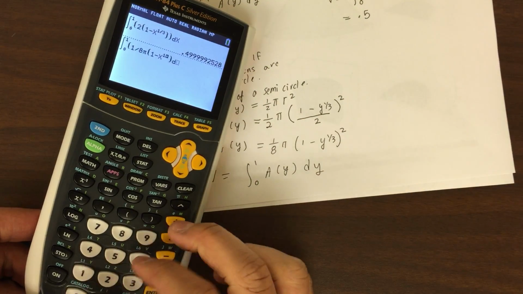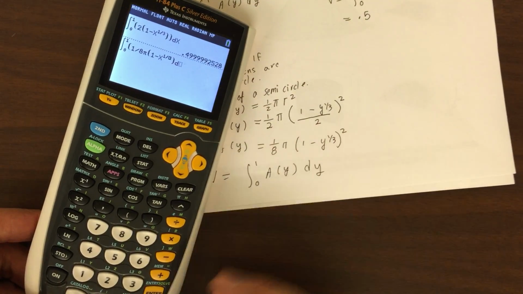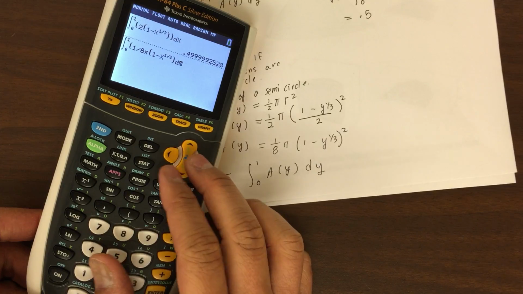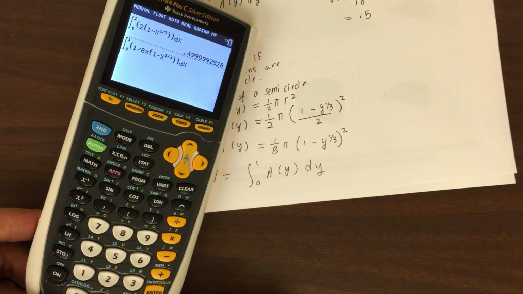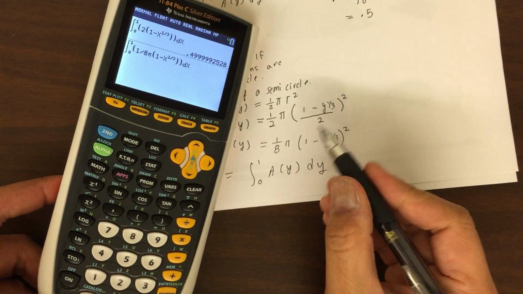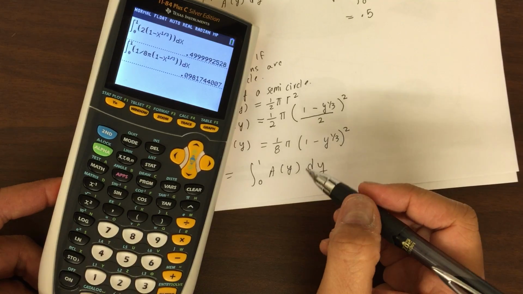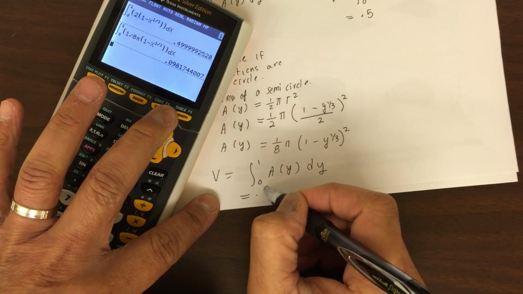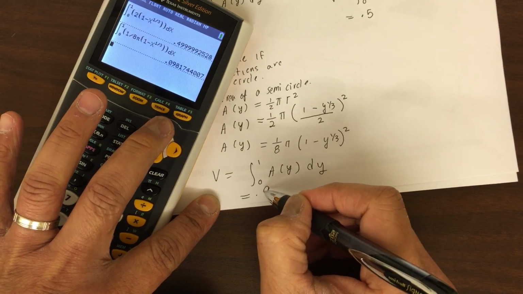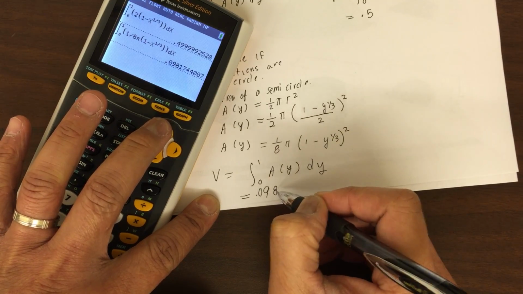X and y are just variables, so just because I'm using y there doesn't mean I can't use x there. Dx, enter, gives me a volume of 0.098, that should be enough.